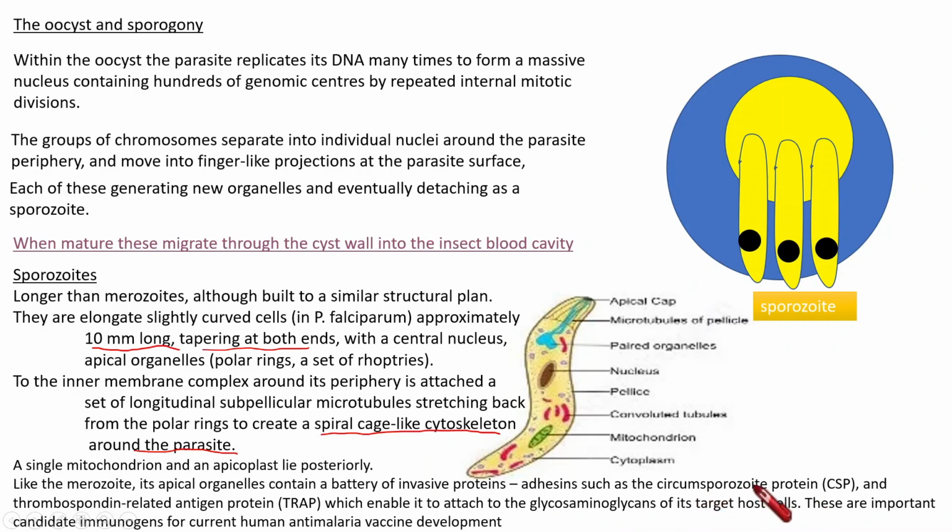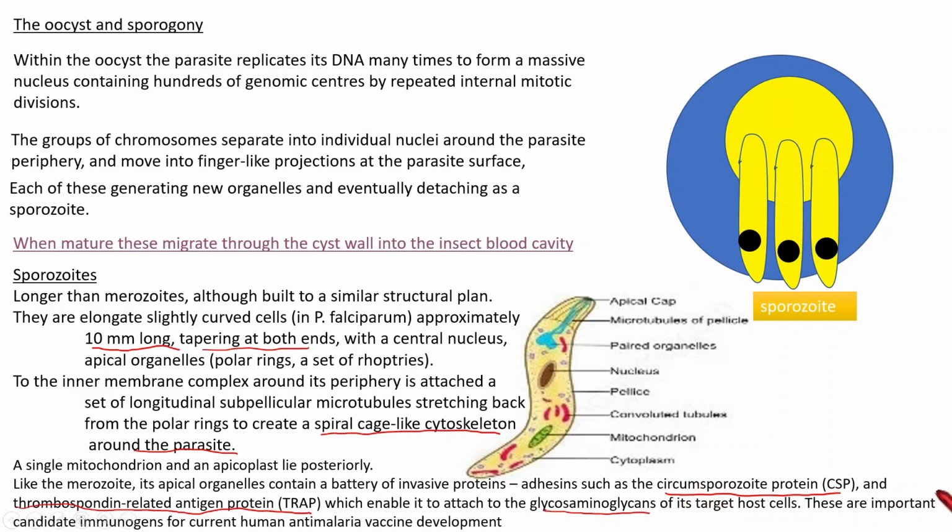Example, circumsporozoite protein and thrombospondin related antigen protein. These are some examples of adhesion proteins. And what is their purpose? They enable it to attach to the host glycosaminoglycan receptor for that association.